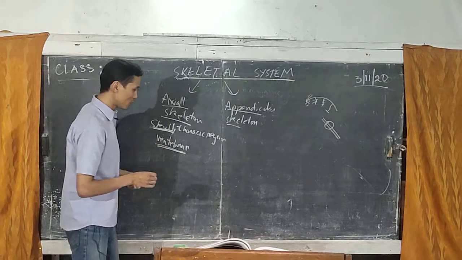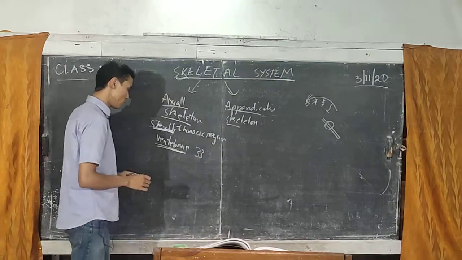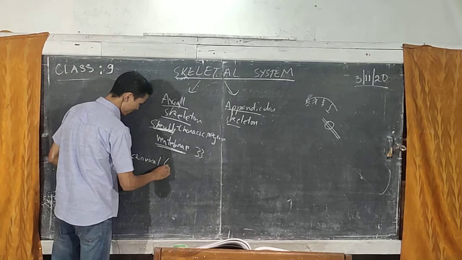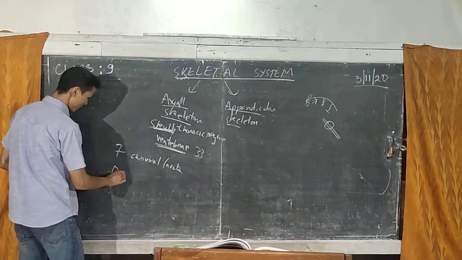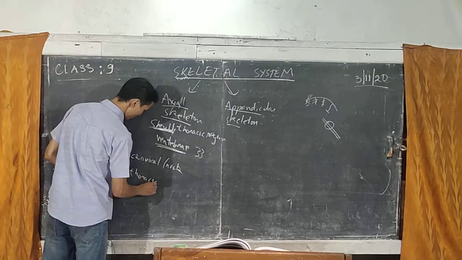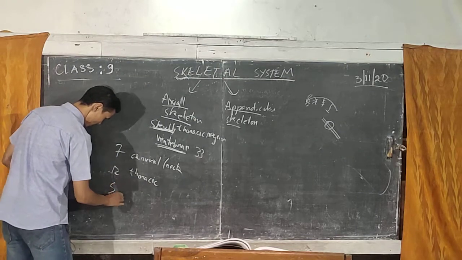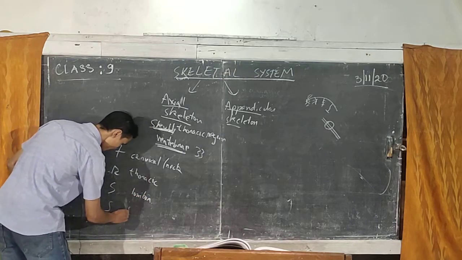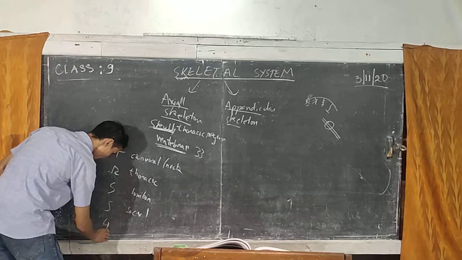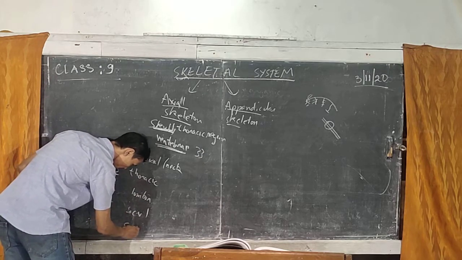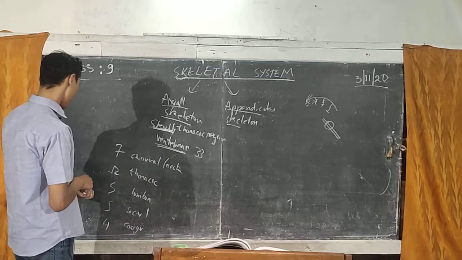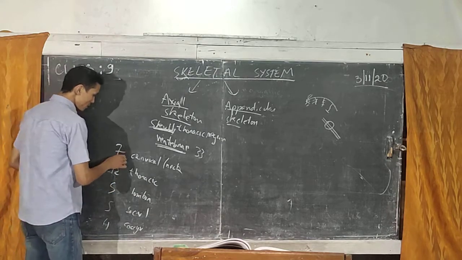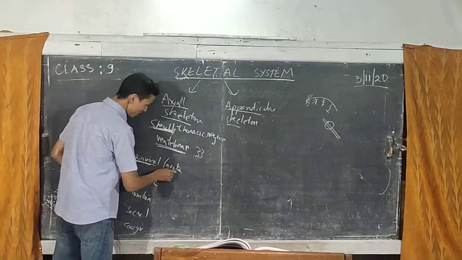Generally, the vertebrae consist of 33 bones. The 7 cervical vertebrae are present in the neck region.